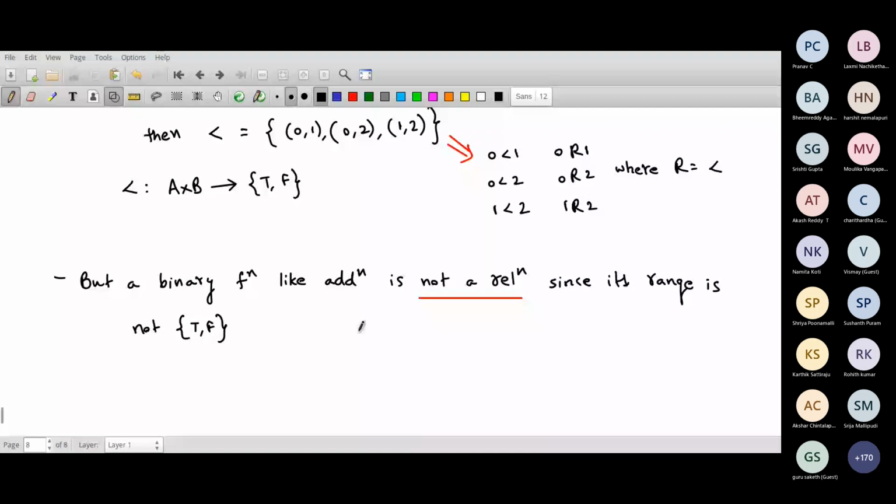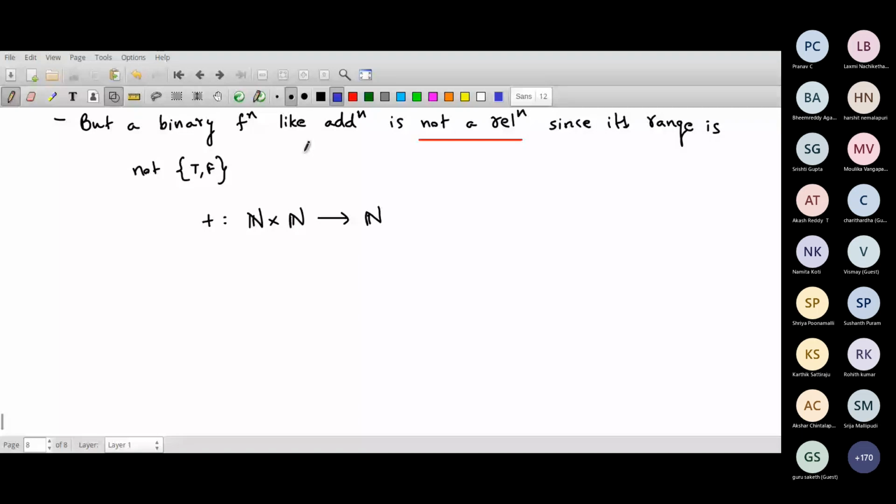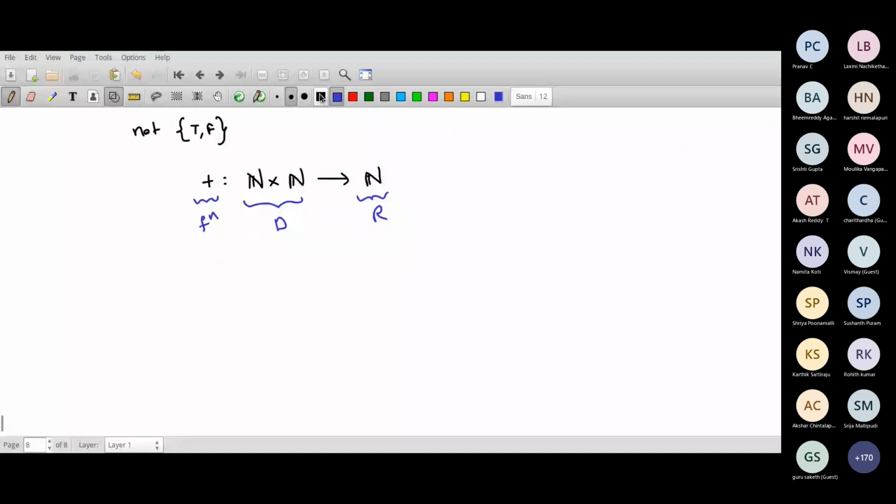All right. So its definition is like this. Its domain is the cross product of the natural numbers set with itself, like (2, 3), (3, 4), whatever, and output is again a number. So range is again the natural number set. Fine. So here, this is the function, this is the domain, and this is the range. All right. And we all know how usually we write plus: we write it between both the numbers, both the arguments.